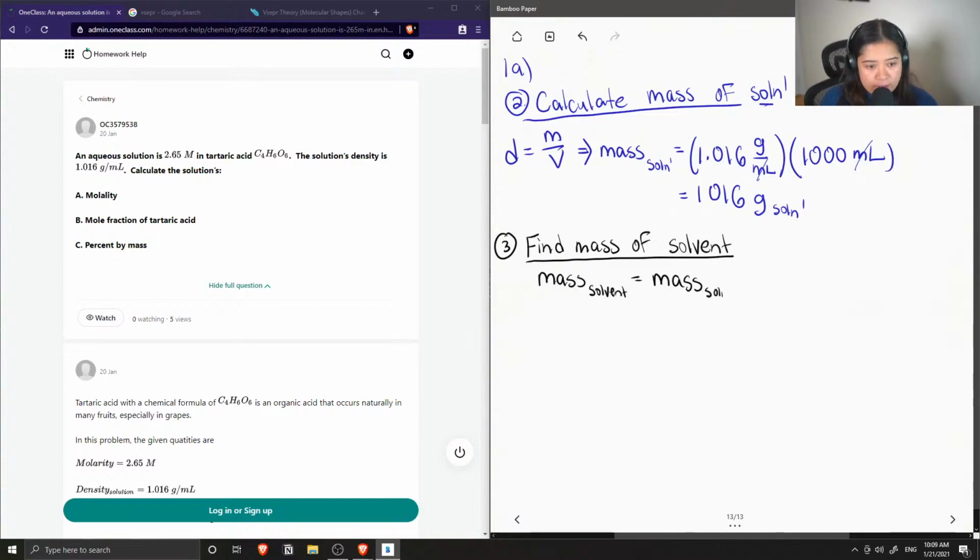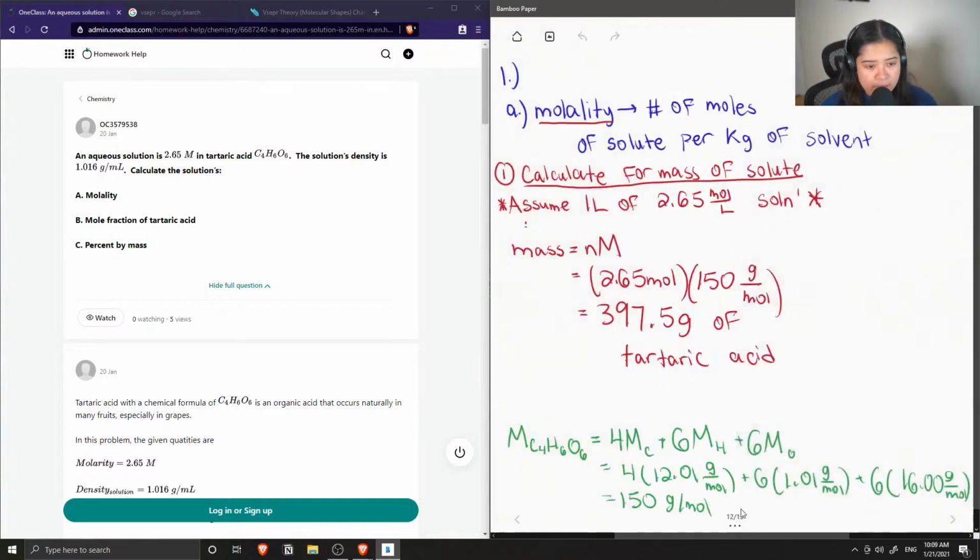The mass of our solution contains both water and our solute, and we subtract the mass of our solute, which we found in step 1. So the mass of solution we found to be 1,016 grams, and the mass of our solute, it's on the previous page, 397.5 grams.